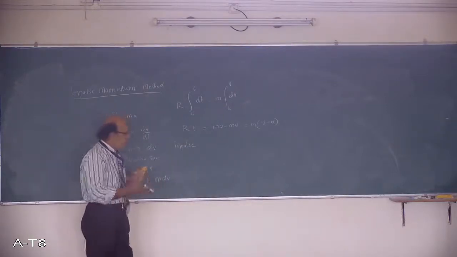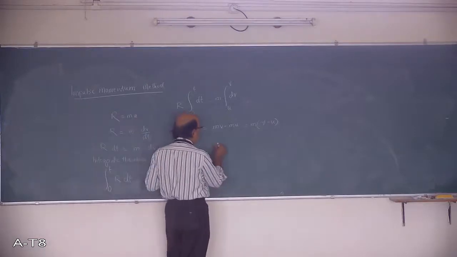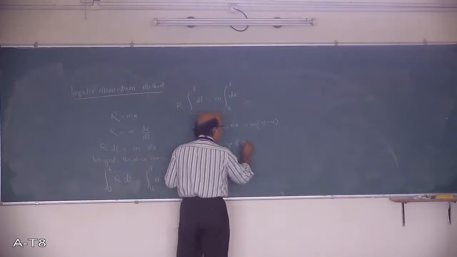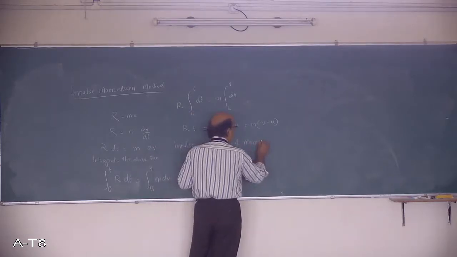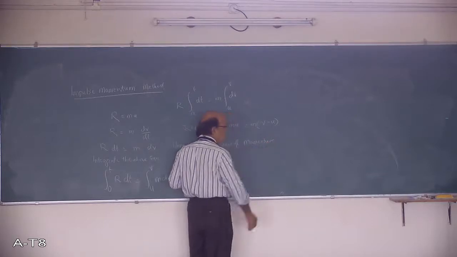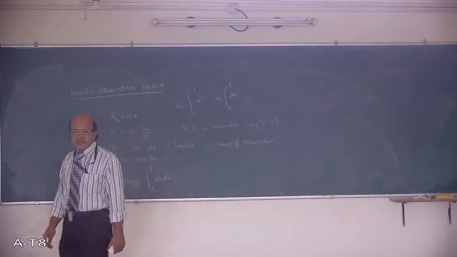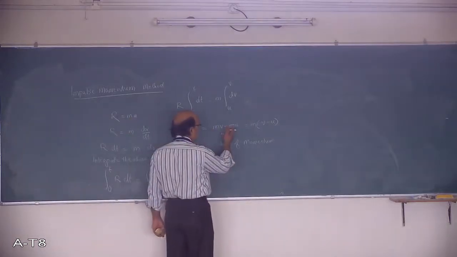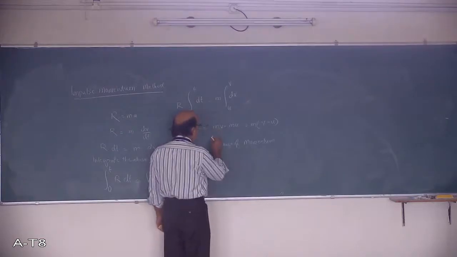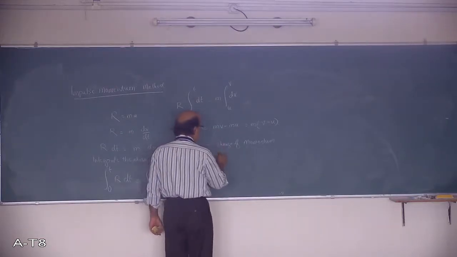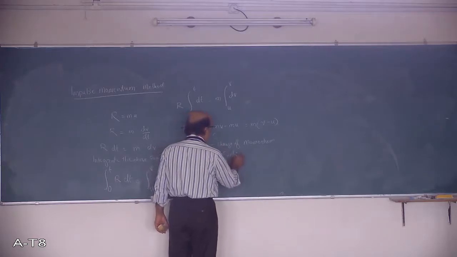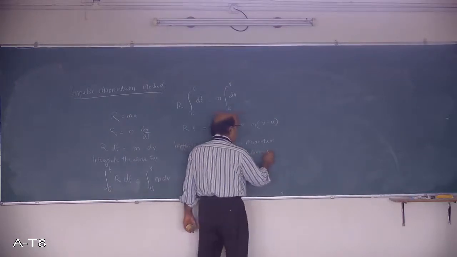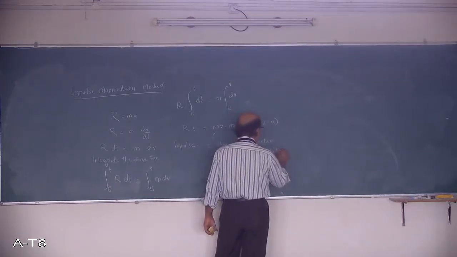The difference of that is mv minus mu, the change of momentum, where mass into velocity is called momentum. So mv is the final momentum minus mu, the initial momentum.